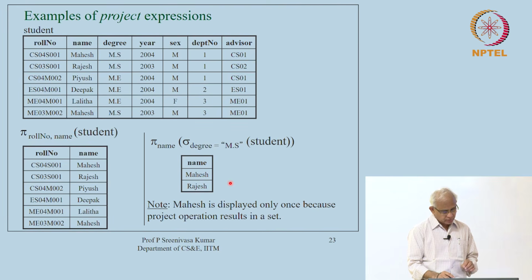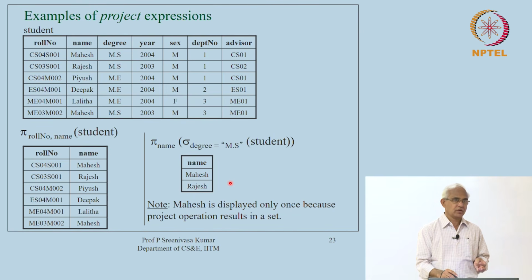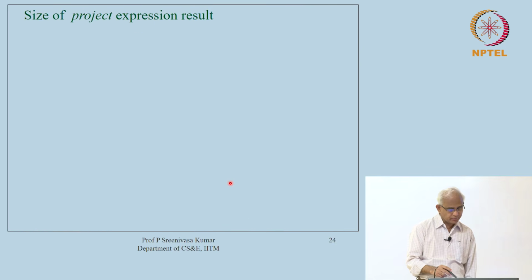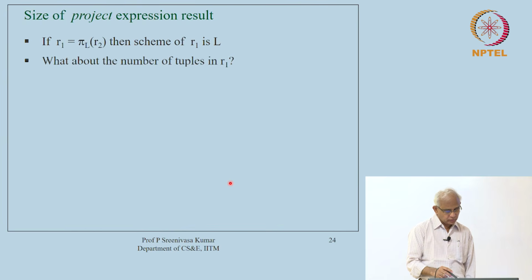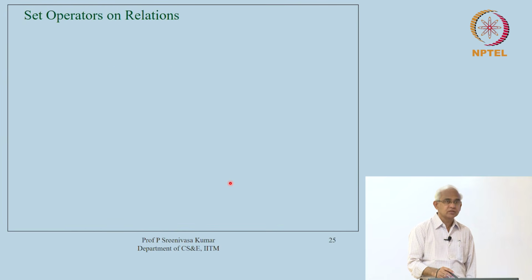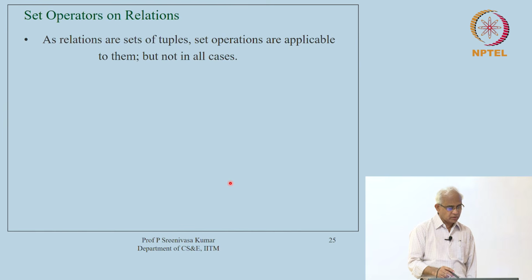Okay. Now, with these points, let us proceed to understand what are the binary operators that are present in relational algebra. One of the first things that comes to our mind is that since relations are sets of tuples, what about set operations?